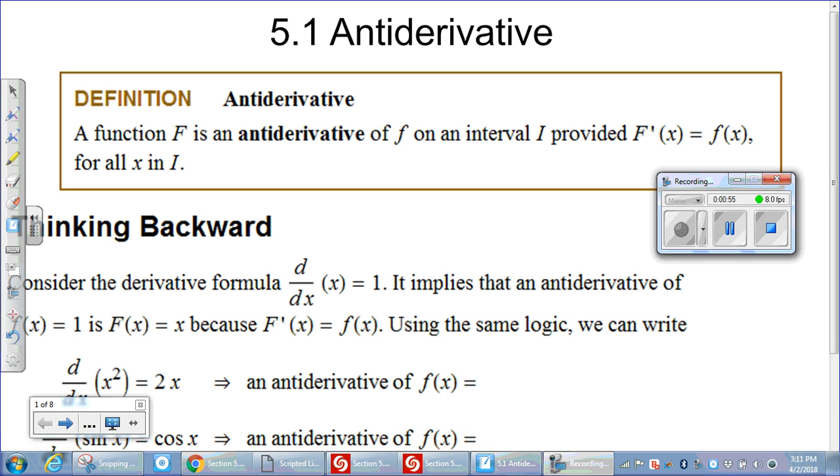If we take the antiderivative, then we are going backwards from the derivative, doing the opposite of the derivative. So there you get the integral. That's why we say thinking backward. So let's try to do that.